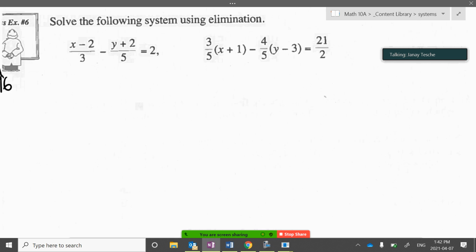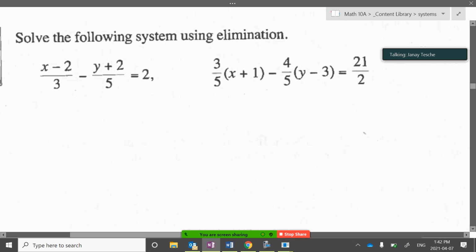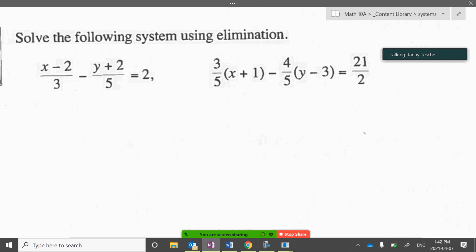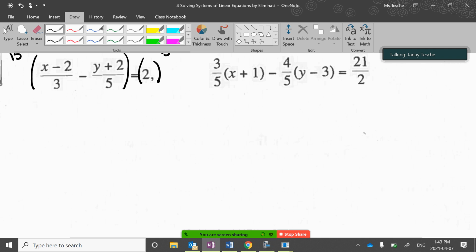What I would do on a question like this is get rid of them. Make it friendlier. How do I get rid of the denominators 3 and 5? Looking at my first one. Fabulous. I'm going to multiply everything by 15 on this first equation. So when you do this, think of it this way.